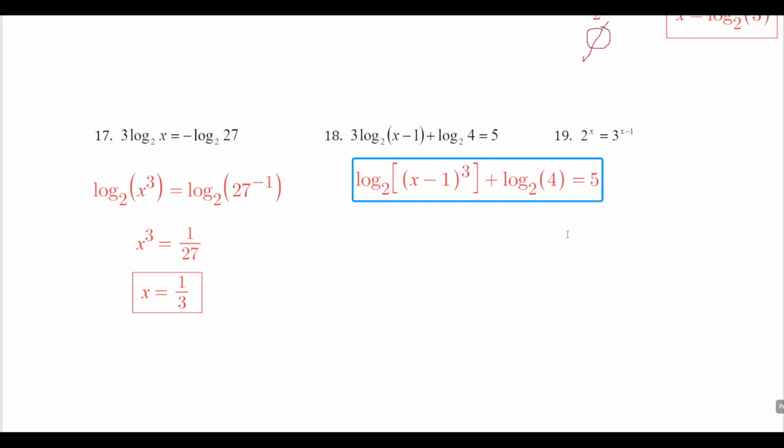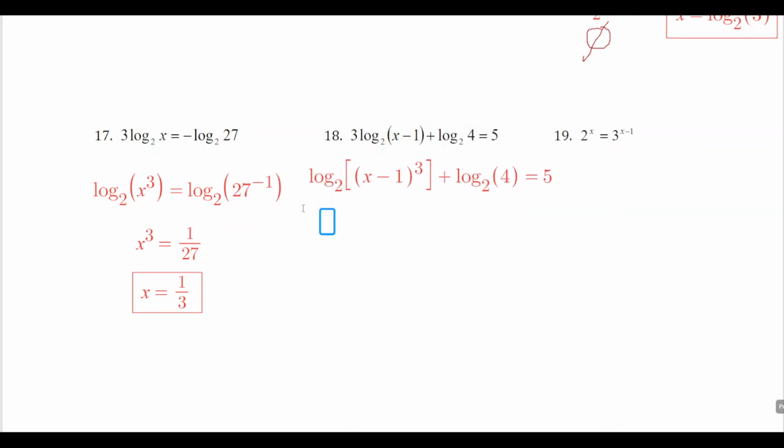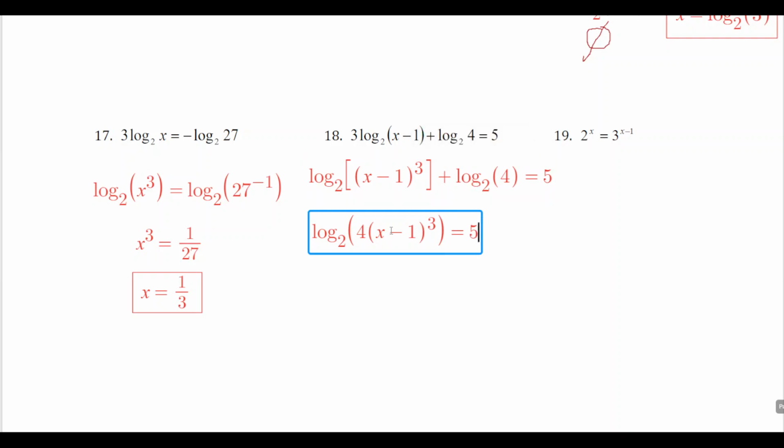Okay, so I applied the power property. Now I'm going to apply the product property. So I get log base 2 of 4 times x minus 1 cubed equals 5. And I'm not going to bother multiplying this out yet.